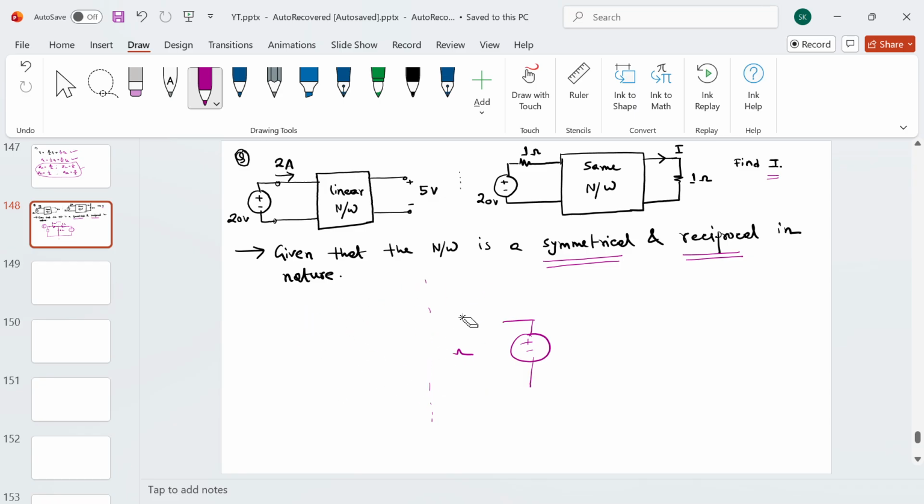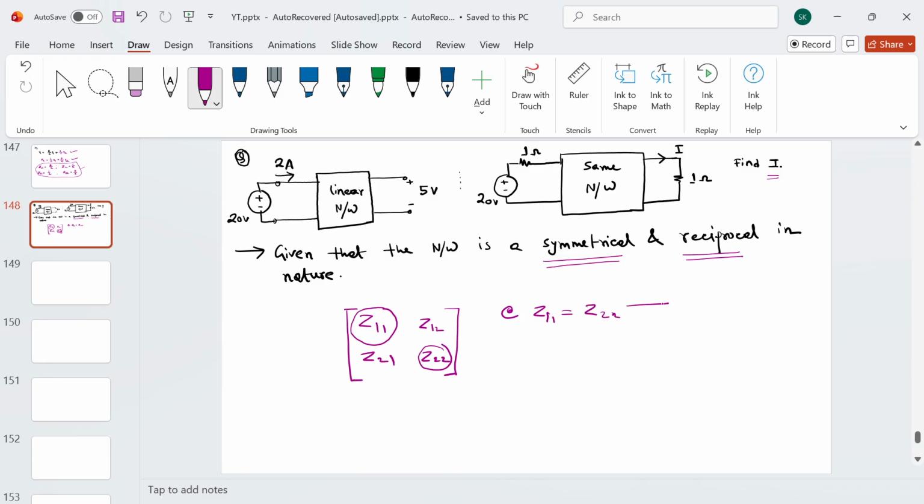But if I think from the two-port network point of view, especially for Z parameters, if you have a two-port network, the Z parameters are Z11, Z12, Z21, Z22. If for a two-port network or a linear network, Z11 and Z22 are the same, then the linear network is called symmetric.